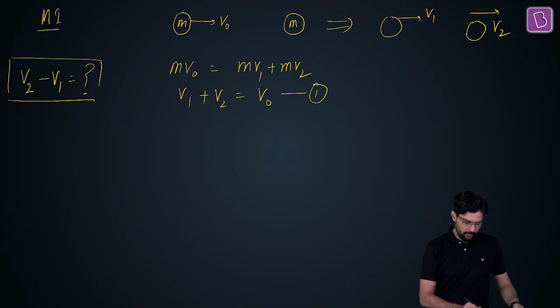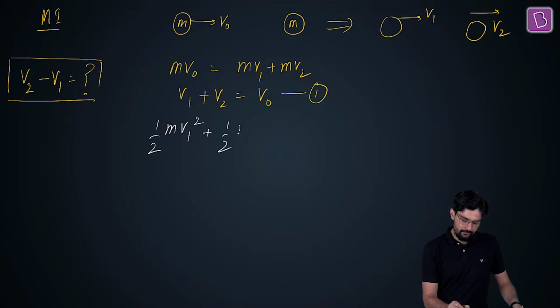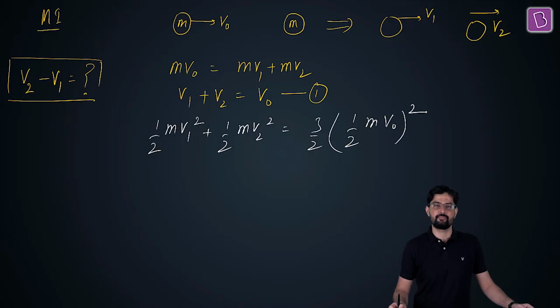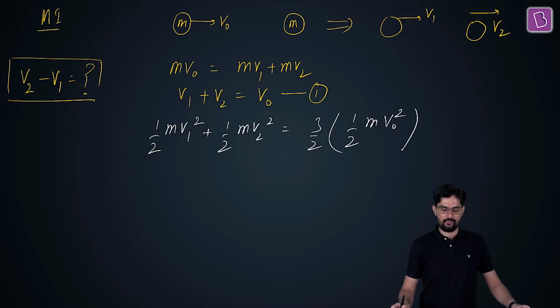And as mentioned in the problem statement, the final kinetic energy of the particles, that is half mv1 square plus half mv2 square, is 3 by 2 of the initial kinetic energy, that is half mv0 square into 3 by 2, right? So this should not be whole square but just half mv0 square.